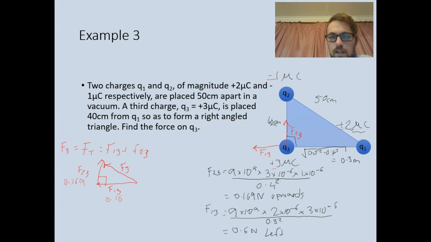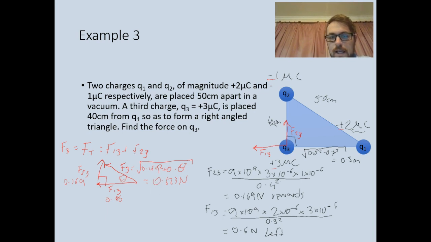So F of 3 equals the square root of 0.16 squared plus 0.6 squared. And if we put that into a calculator, we'll get an answer of 0.623 newtons. Okay, now we're not quite finished yet because you have to give an angle here.